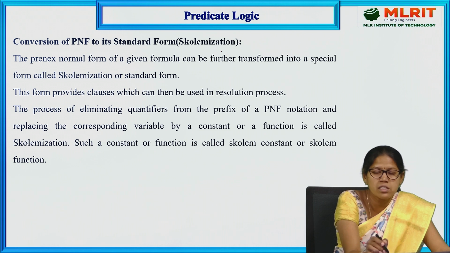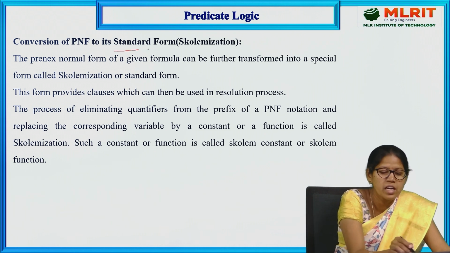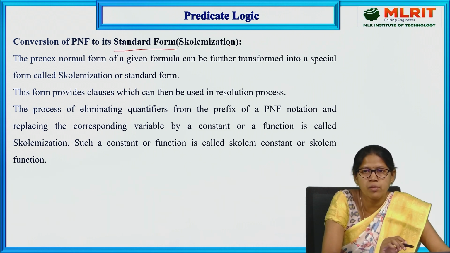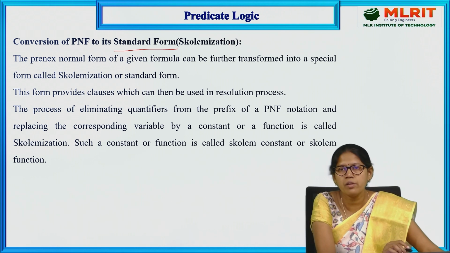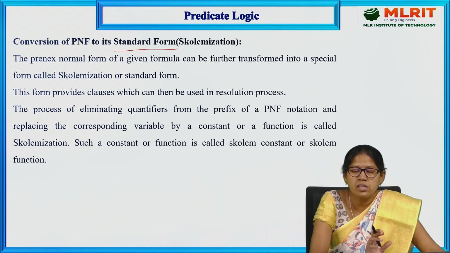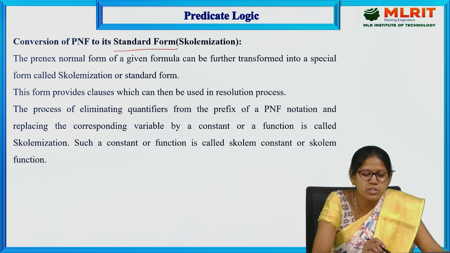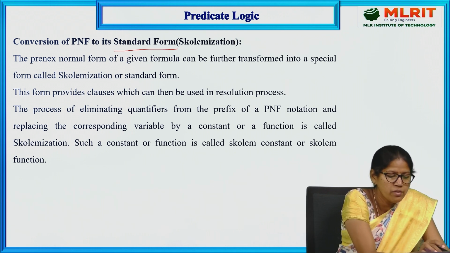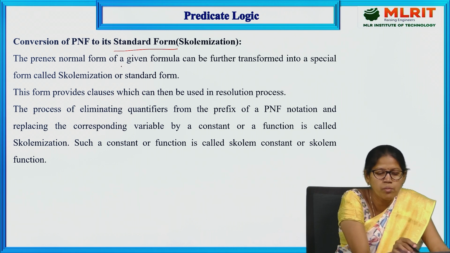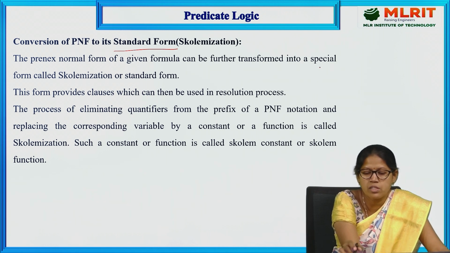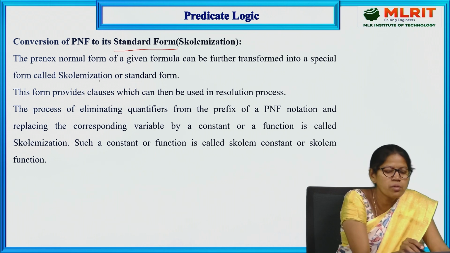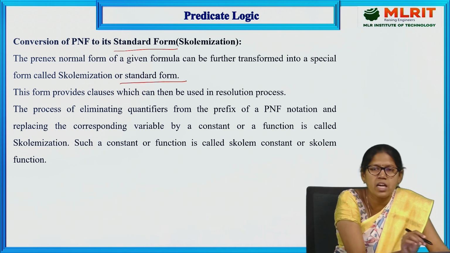Let's see the next form, that is the standard form or Skolemization form. In the previous one, the PNF form, each and every variable will have a quantifier, but in the Skolemization, let's see the definition. The predicate normal form of a given formula can be further transformed into a special form called Skolemization or standard form.